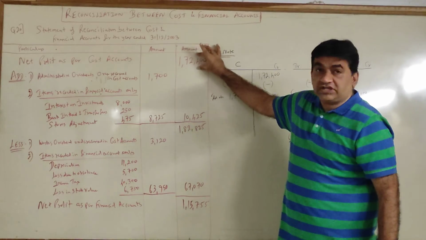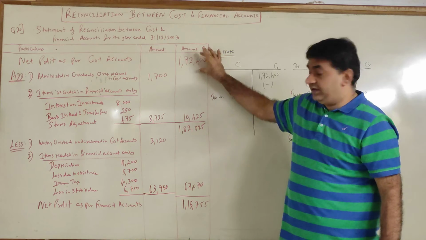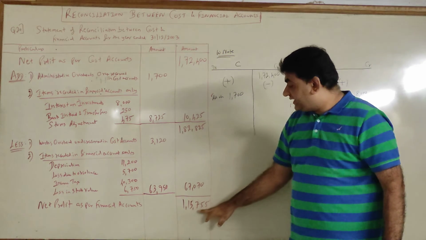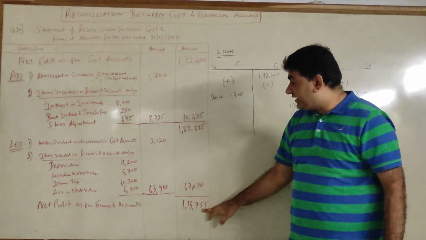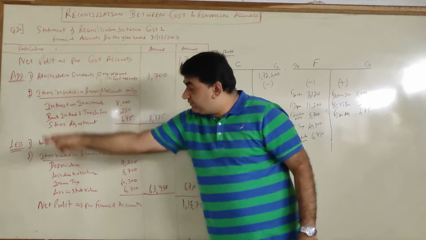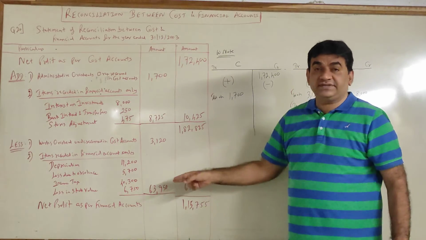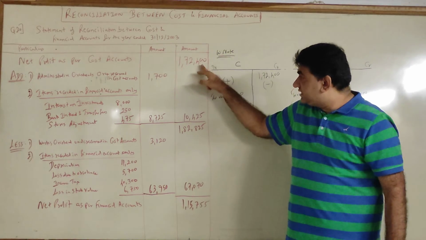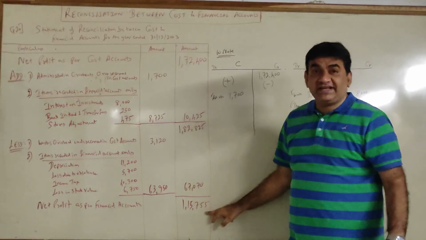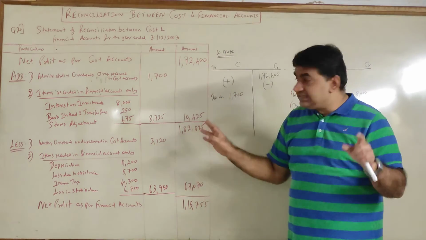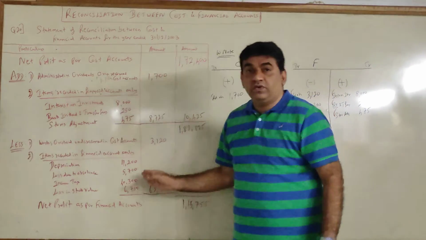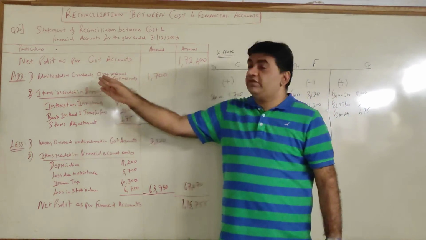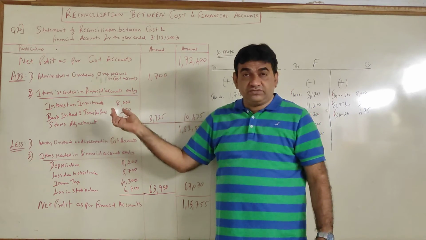Profit as per cost account was 172,400. Profit as per financial accounts 115,755. So whatever we have done in between, addition and deduction, that is the difference. So the difference between the two is 172,400 minus 115,755, and the reason for that difference is this. What is the difference? Admin overheads was charged high in cost accounts.